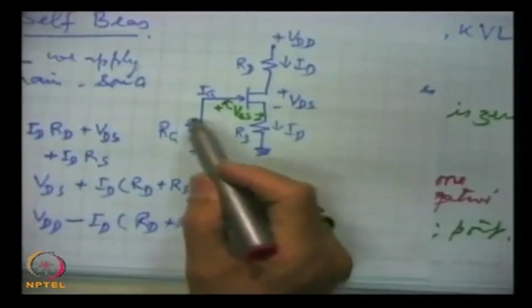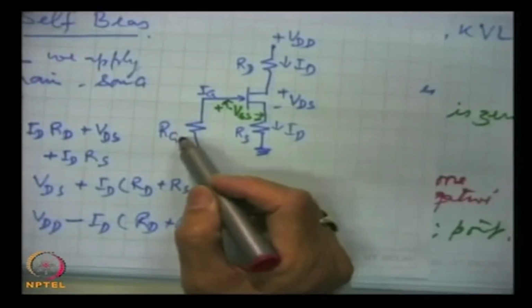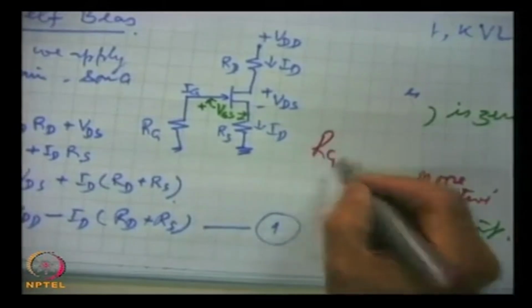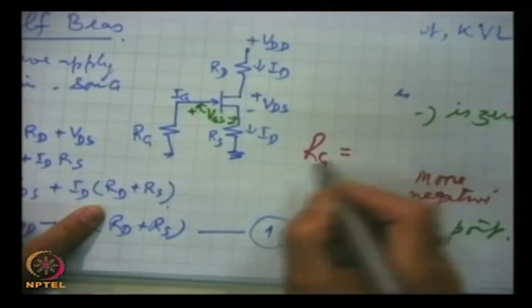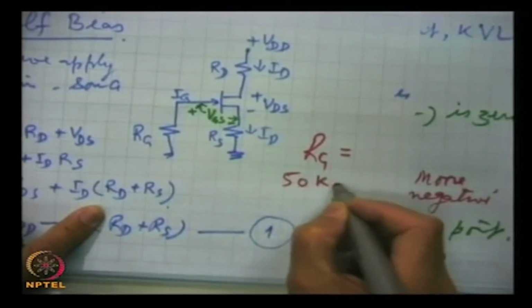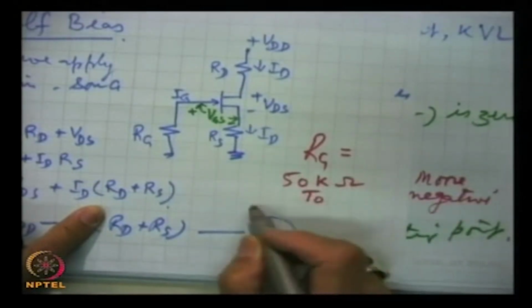Here the last point: Ig we have taken 0, so no current flows through this Rg. So, Rg acts as a high voltage probe, there is no current through it, and hence Rg can be taken in the range of 50 kilo ohms to 100 kilo ohms.